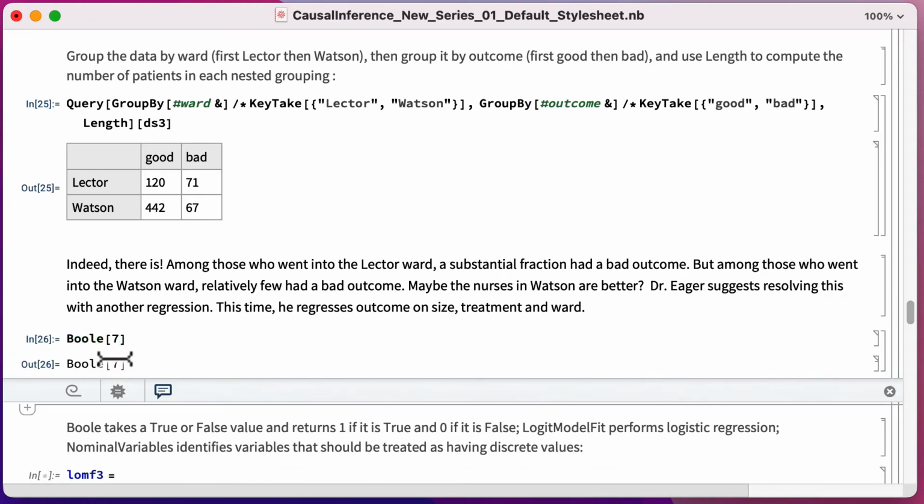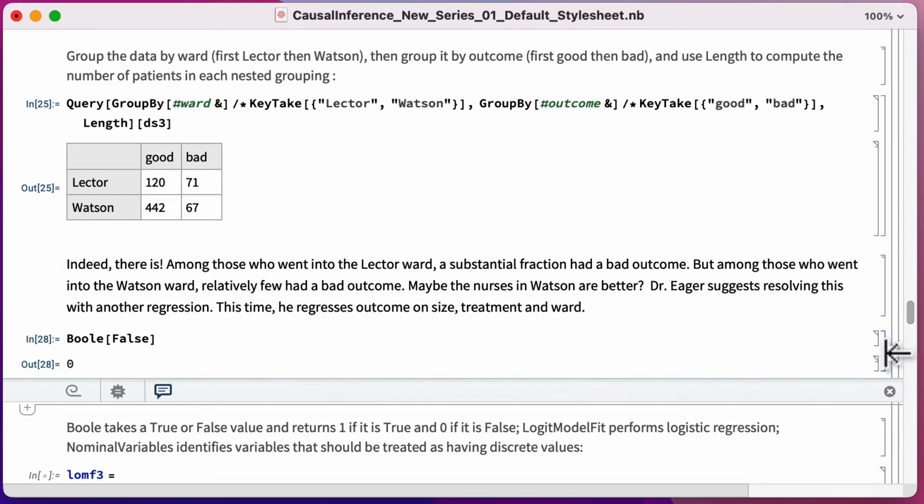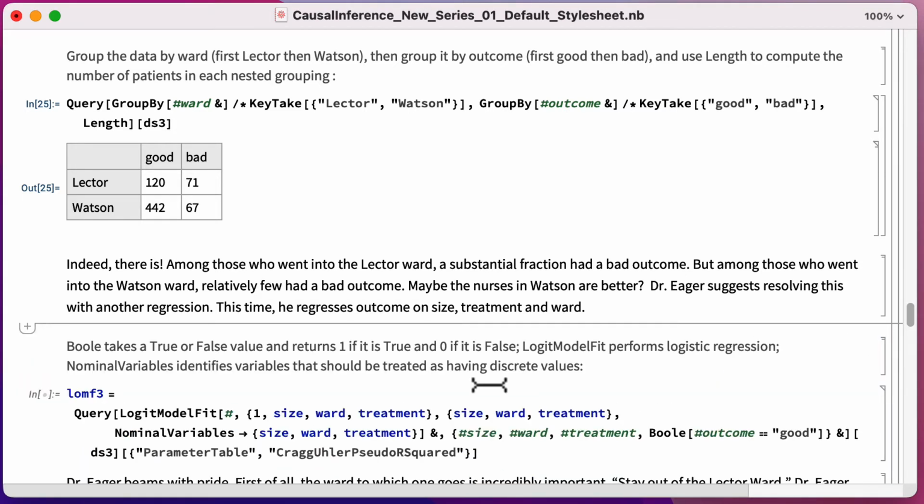What we want is bool of true. That yields a 1. And bool of false yields a 0. So it just turns a true or false into a 0 or 1 because you need to remember that logistic regression kind of wants the outcome variable, the target, to be a 0 or 1.